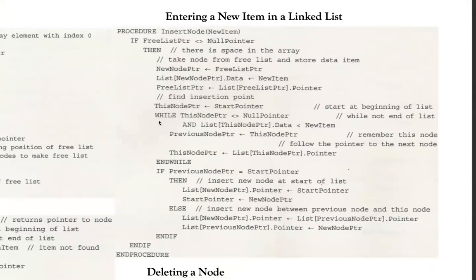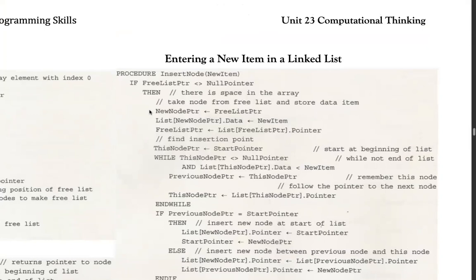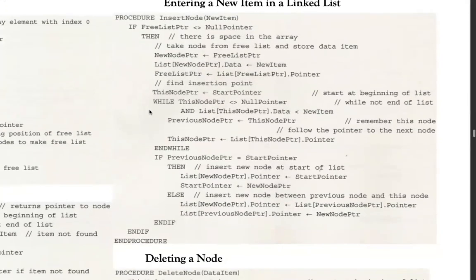So for example, how am I going to find out at which position my new node should be added? Quite simply, I will start at my first node and look at its contents. If the contents of this node are lesser than my new item, then obviously I will move ahead.